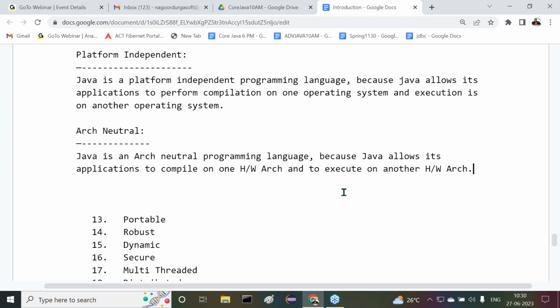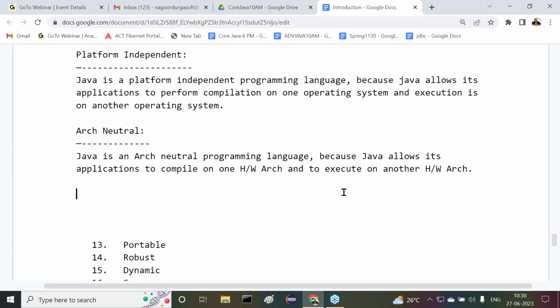Simply speaking, some processors we are using, maybe Intel processor, some other might be different processors. On one processor we can compile the program, in another processor we can execute the program. It's not at all an issue.